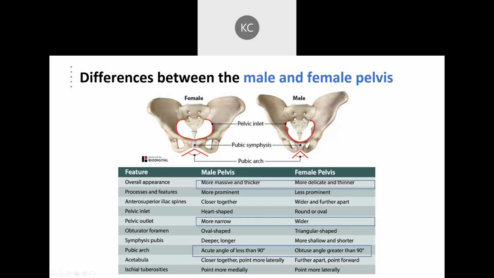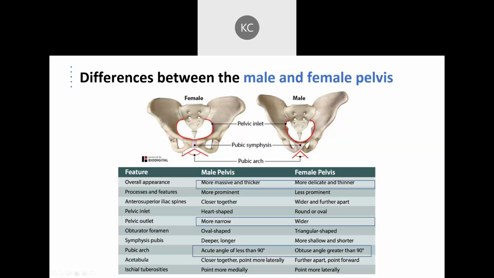And so it turns out that it's much more convenient to have a nice wide pelvic outlet and a nice round pelvic inlet to suit the passage of that fetal head. Right. The overall thickness, and you may be able to tell, the overall thickness of the pelvic bones is much thicker in males than it is in females.